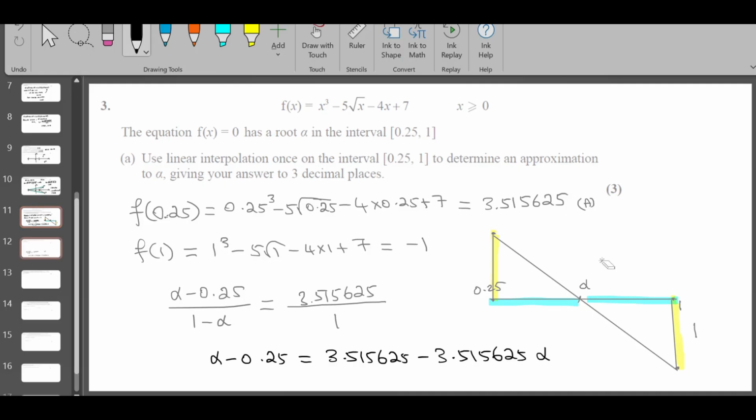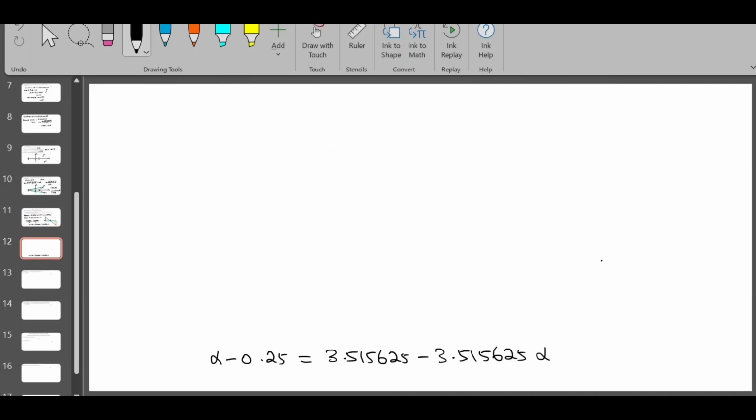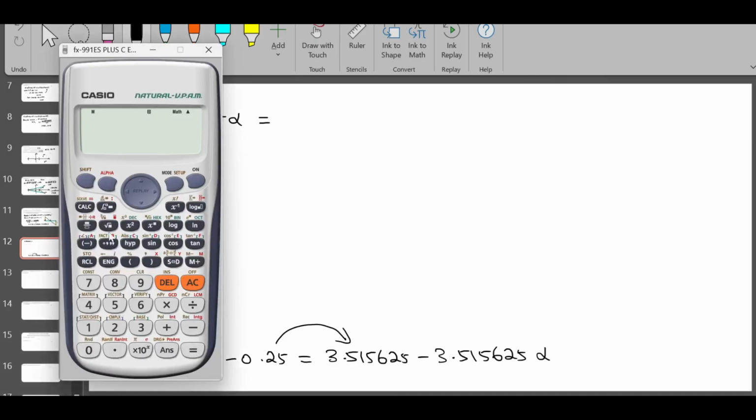Collect all the terms involving alpha to the same side, numbers to the other side, and make alpha the subject. So I have copied the whole thing here. So I'm going to move this here. So alpha plus this will be 4.515625 alpha, equal to this plus this. I have stored the value as A already. So instead of typing the value, you can use A plus 0.25, which is 3.765625.